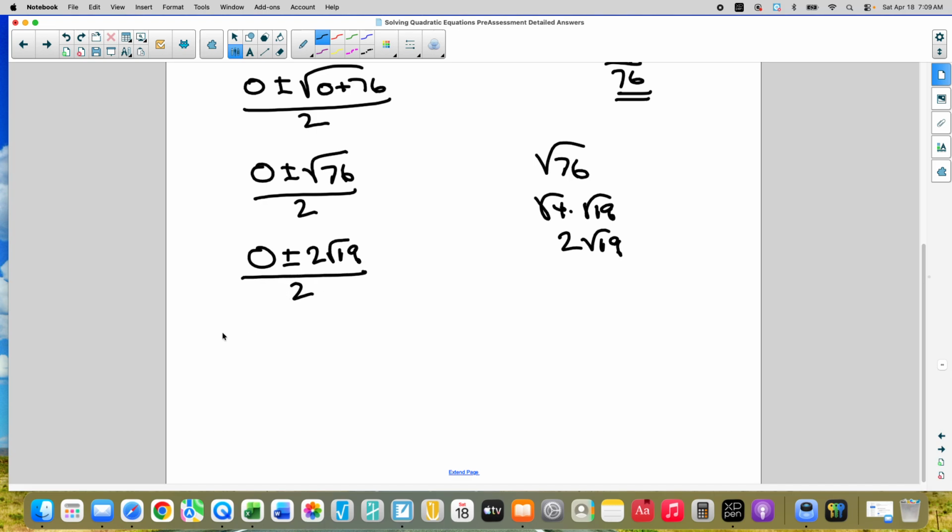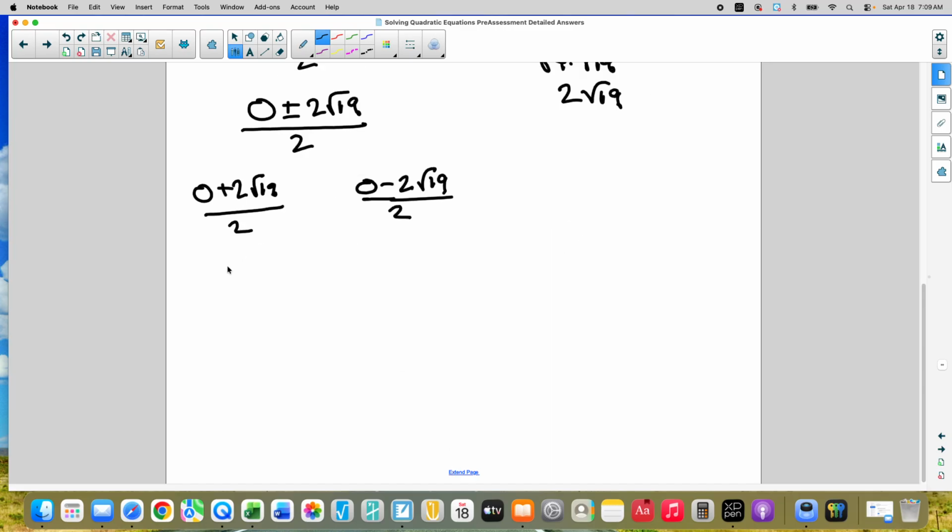So writing the two statements, 0 plus 2 rad 19 over 2 and 0 minus 2 rad 19 over 2. Well, this is going to give you 2 rad 19 over 2, which cancels. They're being multiplied so we can cancel. That gives me rad 19.